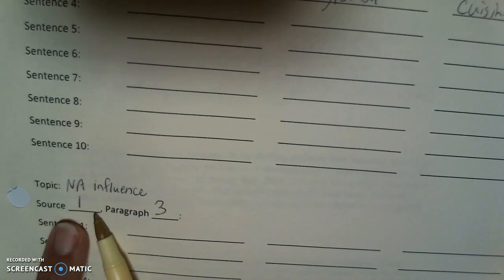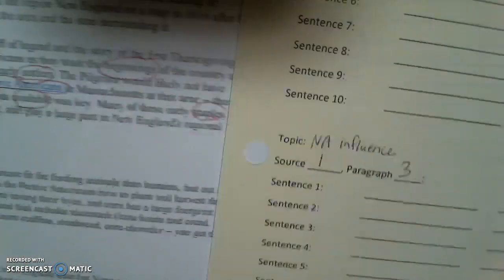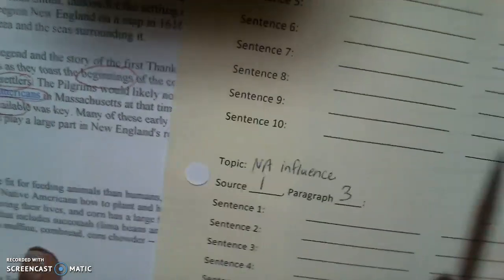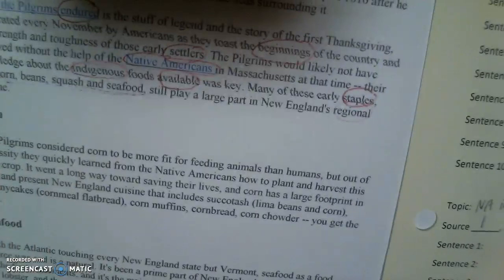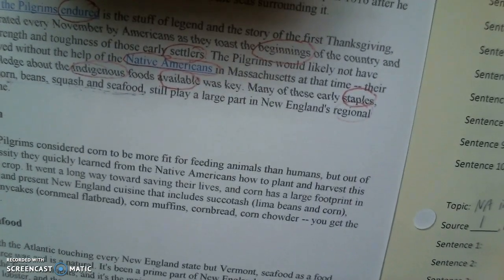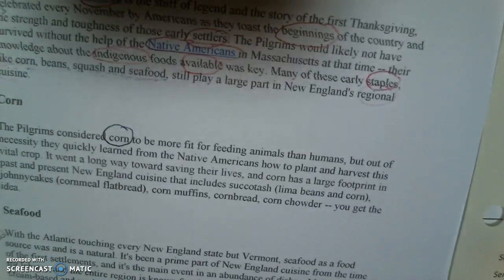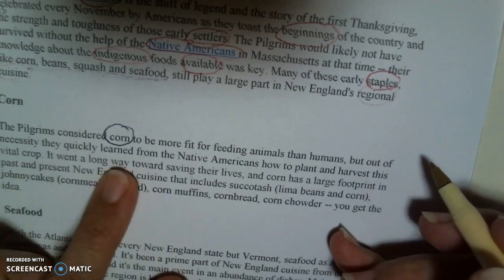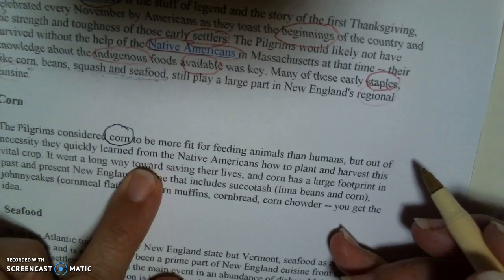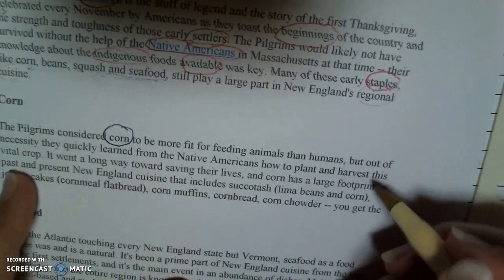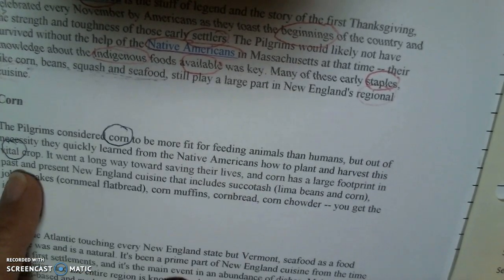Now I move to source 1, paragraph 3. Here's my third paragraph. It deals with corn. Pilgrims considered corn to be more fit for feeding animals than humans, but out of necessity, they quickly learned how to plant and harvest the vital crop.